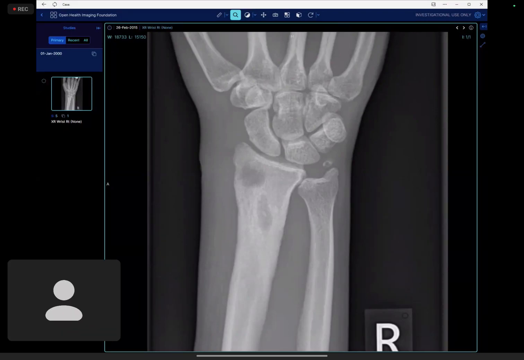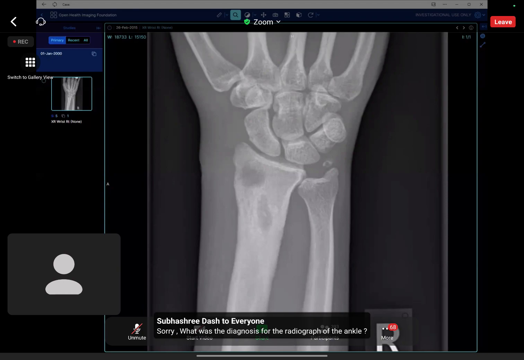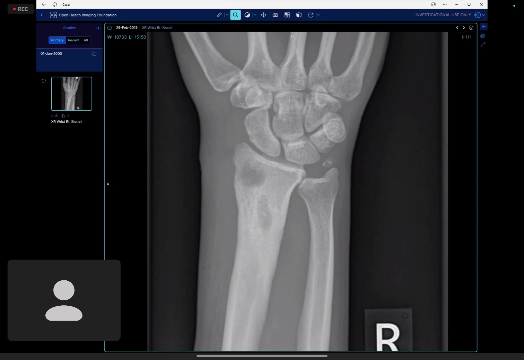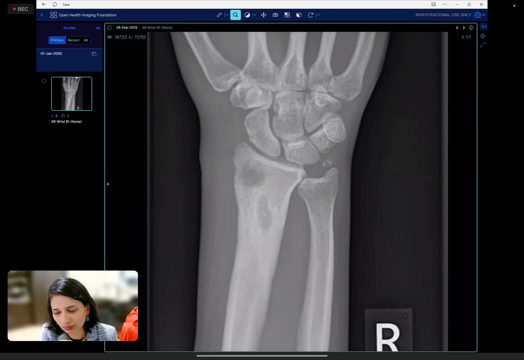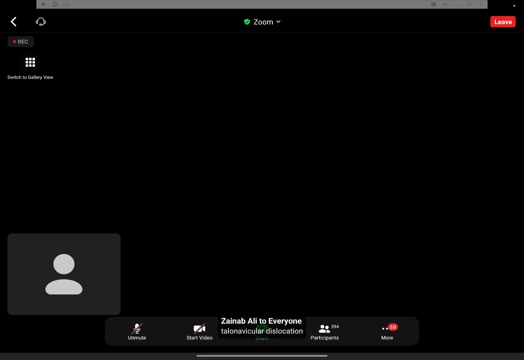So I would take the clinical history from the clinician: if the patient has any history of malignancy or systemic infection. Then I would first check the lateral view for this case.